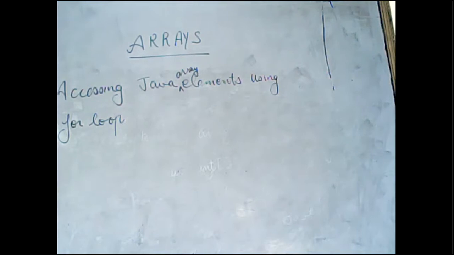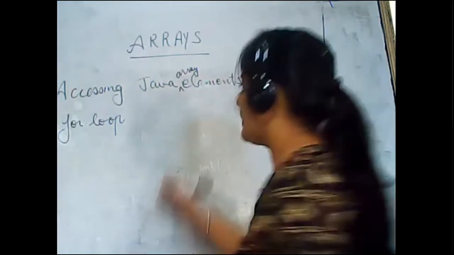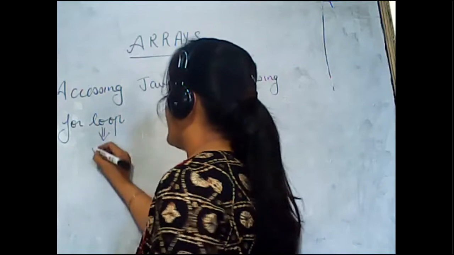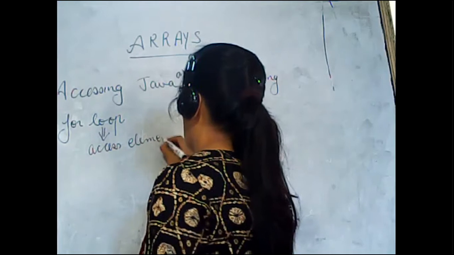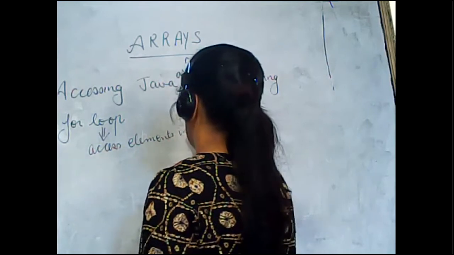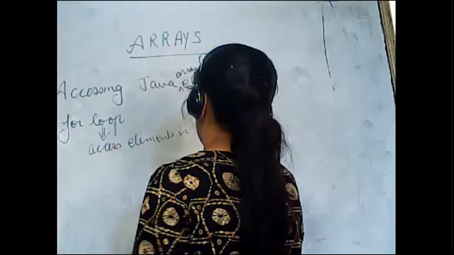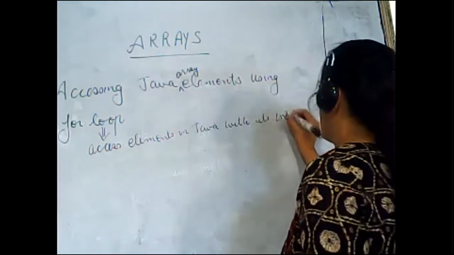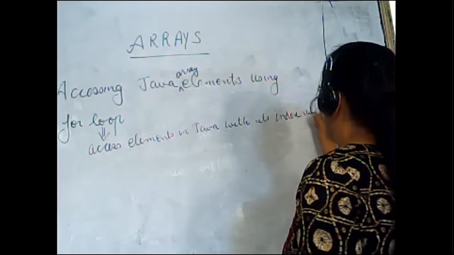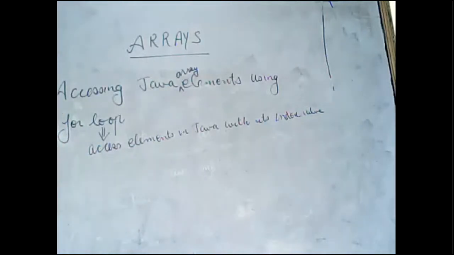Each element in an array is accessed with its index. So we can access elements in Java with its index value. Fine. So we need to use the index value in order to define this particular loop, in order to access the Java array elements using the for loop.